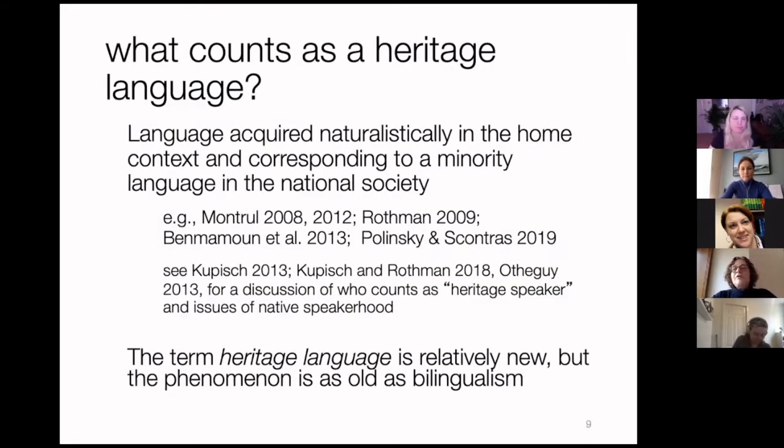So languages that count as heritage languages are those that are acquired naturalistically in the home context. They often, but not always, correspond to the minority language in the national society. There's a lot of discussion about whether or not these speakers count as native speakers, what should be understood as a definition of native speakers.